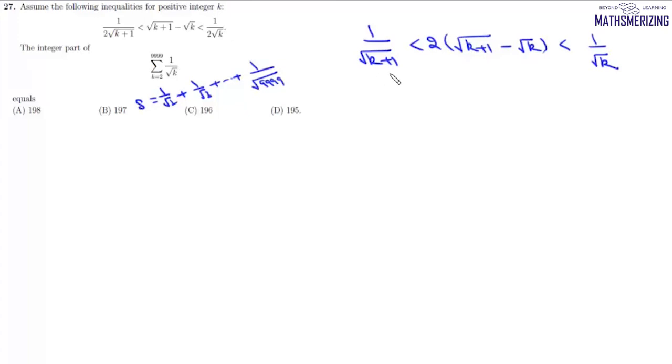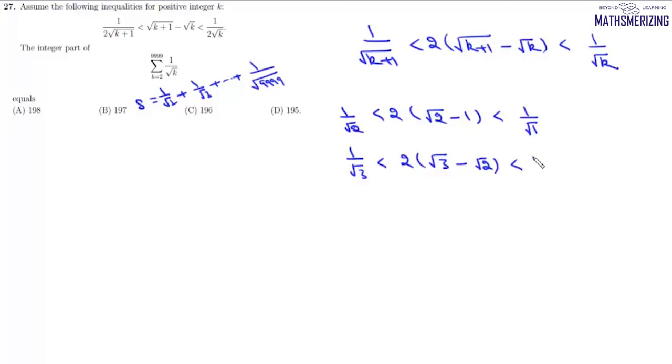Now we put k as 1, we write 1 upon root 2 will be less than 2 into root 2 minus 1, and it will be less than 1 upon root 1. Now if we put k as 2, we get 1 upon root 3 will be less than 2 into root 3 minus root 2, and it will be less than 1 by root 2.